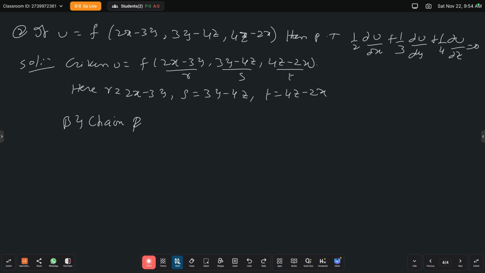By the chain rule of partial differentiation, we have, first of all, dou u by dou x, afterwards dou u by dou y and dou u by dou z. The result is 1 by 2 plus 1 by 3 plus 1 by 4 equals 0.